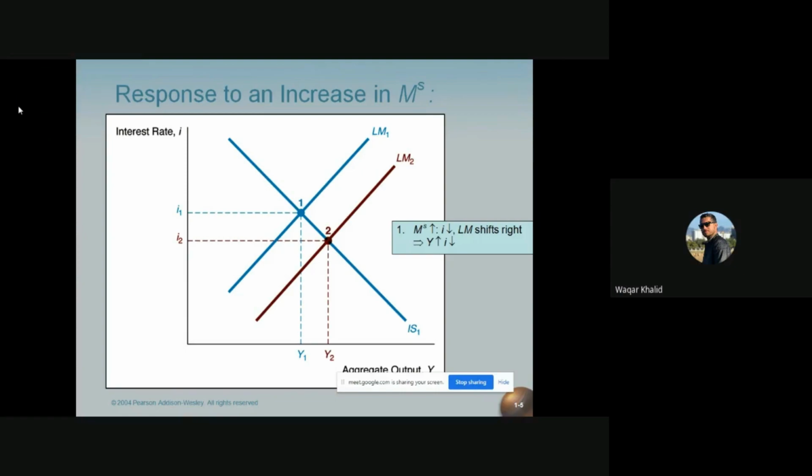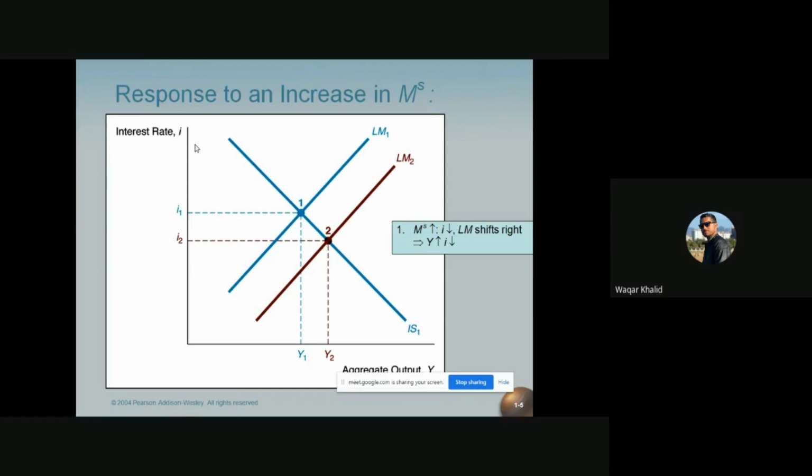How? It has increased the aggregate level of output, but we have a decrease in the interest rate. The question is, why does aggregate output rise and the interest rate decline?